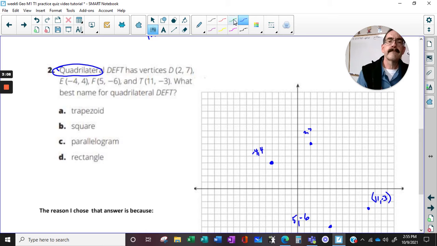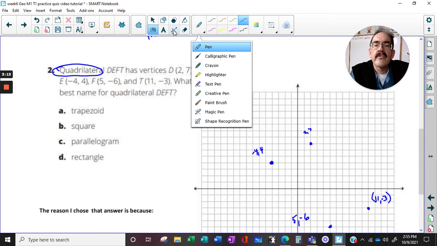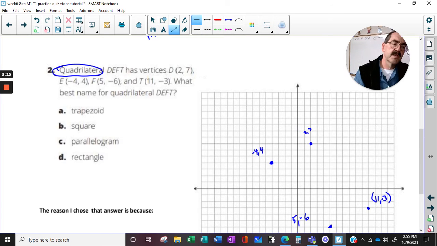Okay, now, what is the best name for the quadrilateral? So let's grab this and this.